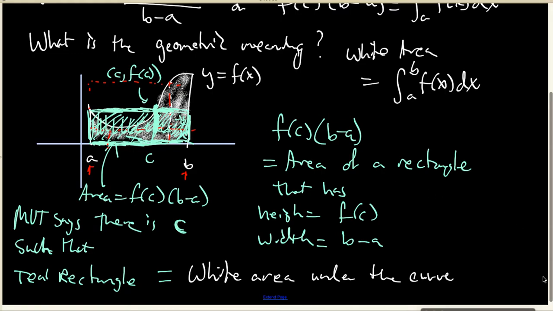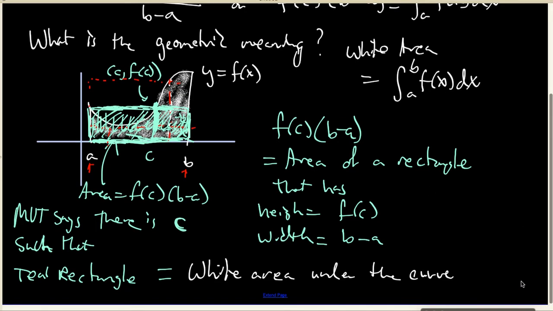And if you think about it, what this means is that this particular height would work as an average value, where average basically means flatten this thing out, and what value would you have if you just tried to make something that's flat instead of curved that has the same area.